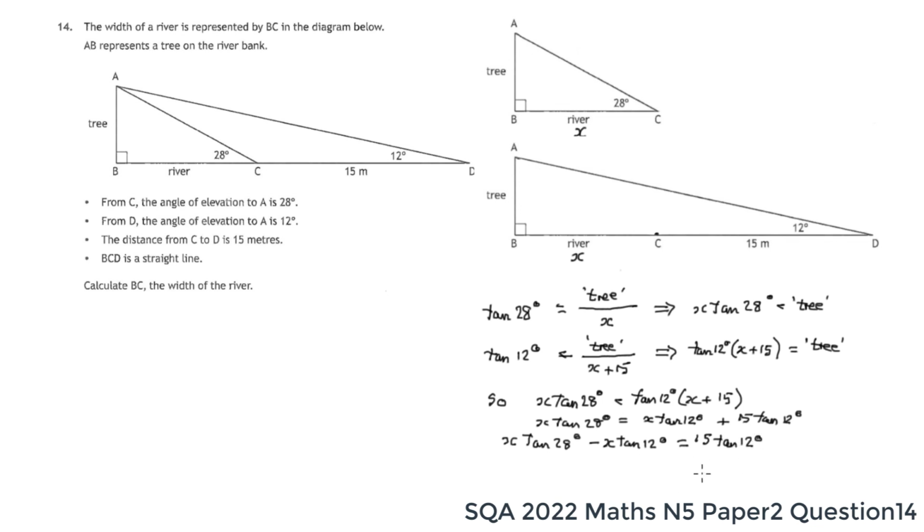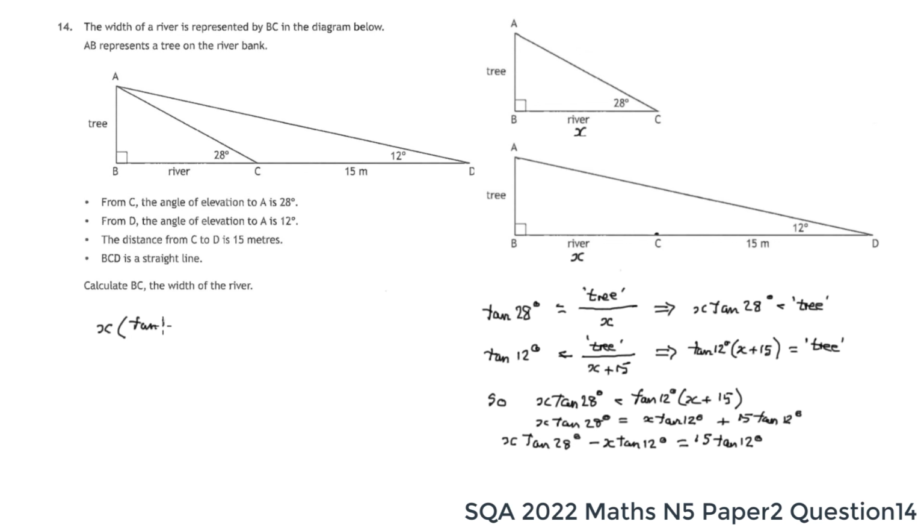And the final move here, before we make sense of this, well, I'm running out of space, so I'm going to move it up here. There's a common factor of x in both of these expressions on the left hand side, so I can take that outside brackets, and I'll be left with tan 28 minus tan 12.